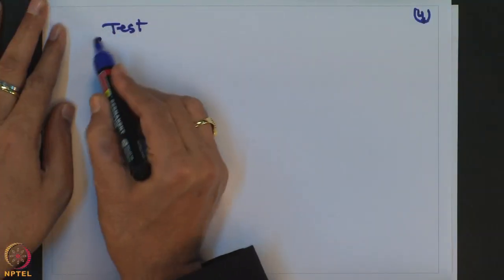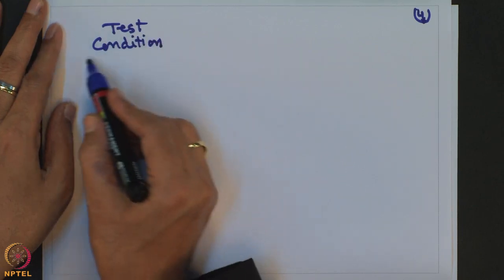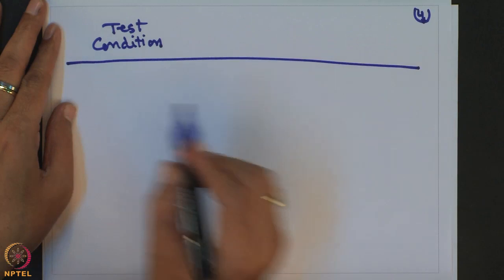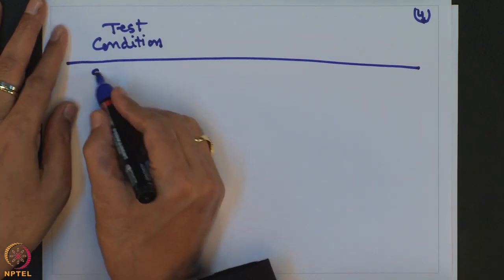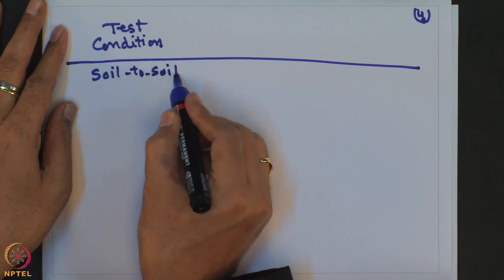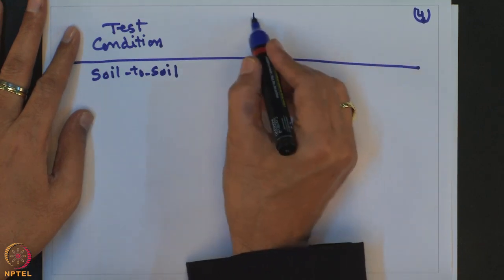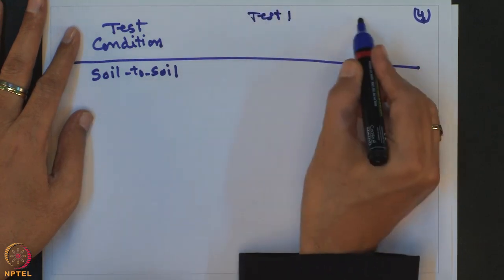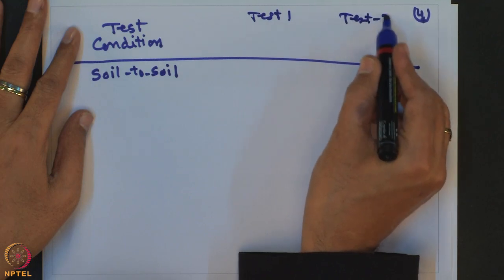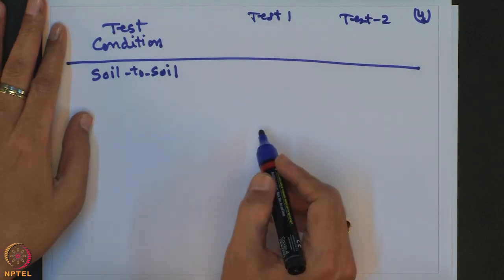So, for example, that test condition is soil to soil, and you can determine the number of the test: test 1, test 2, test 3 like that. I will show you the test 1 result.